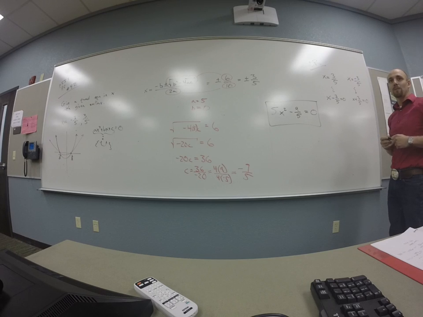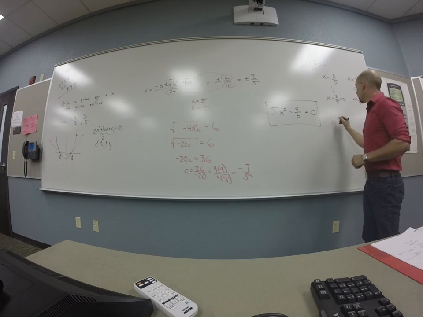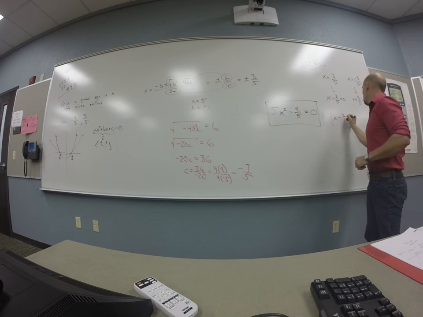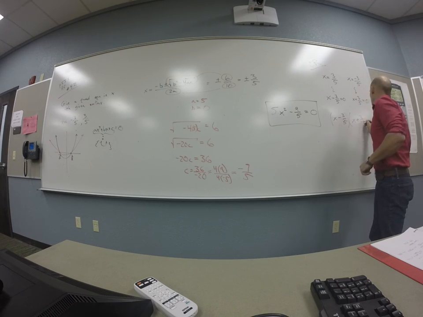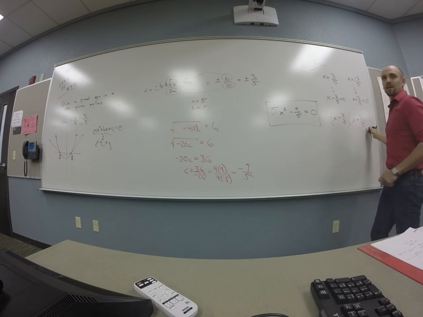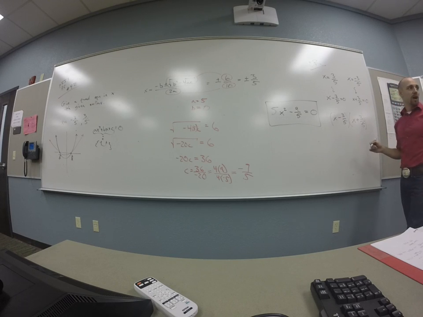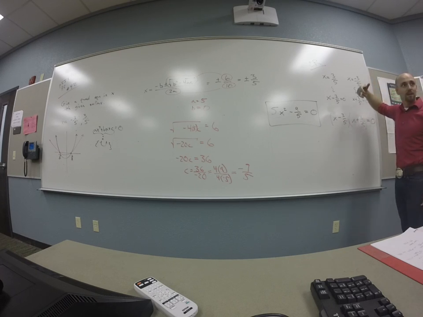Well, the easiest way for me to make it quadratic is just multiply some stuff together. So I'm going to multiply x minus 3/5 times x plus 3/5. Now this is a quadratic, right? And if I want it to be an equation, I need a right-hand side. I'm going to use 0 so that the zero product rule applies.